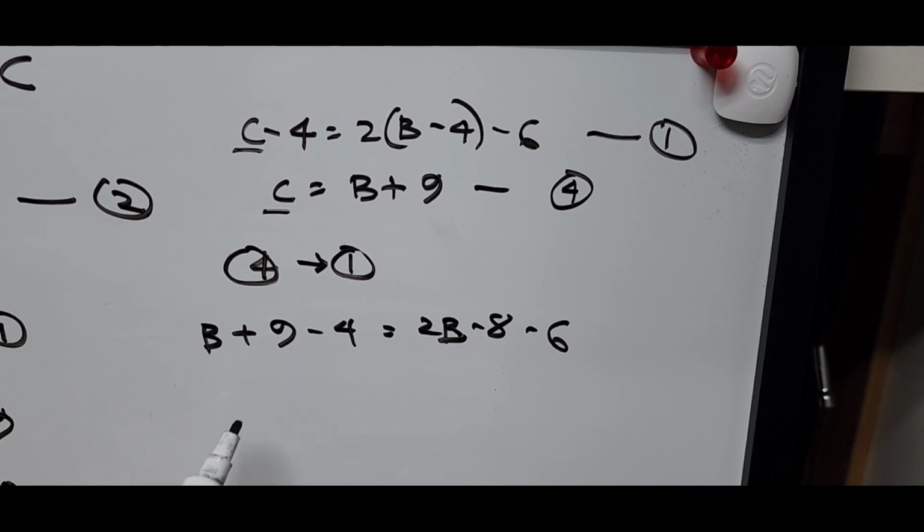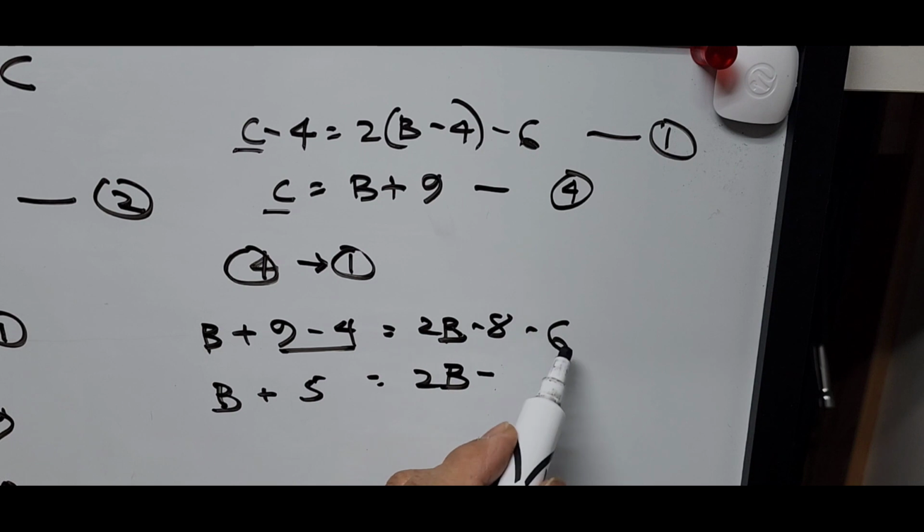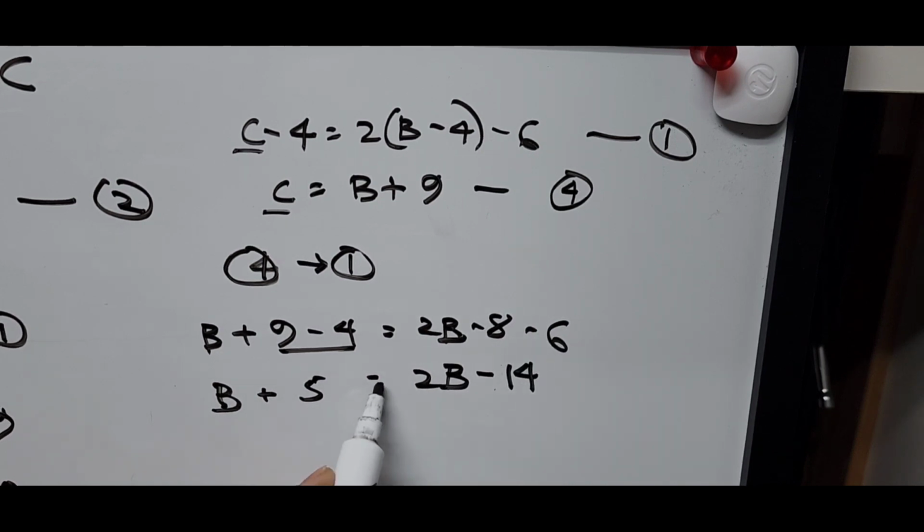Simplify the equation, so this is B plus 9 minus 4 is 5, equals 2B minus 8 and 6, that is 14, so negative 14.